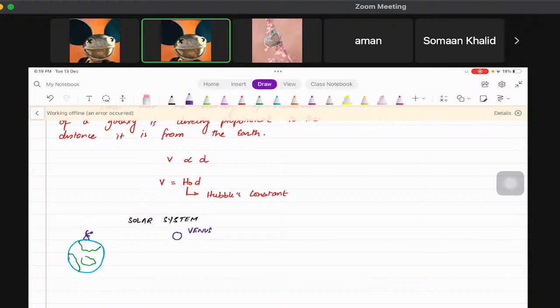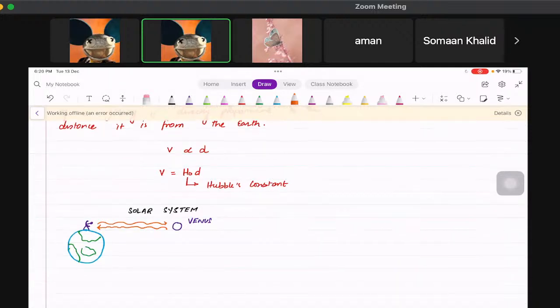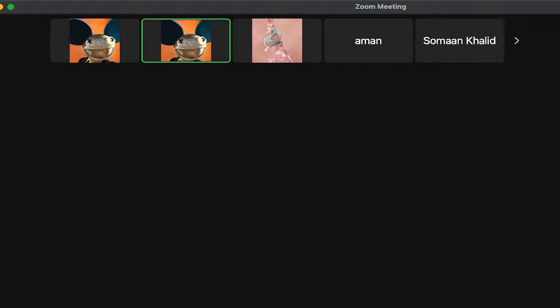The radar is going to send signals which get reflected back, the radar catches them, so we can see Venus in our solar system. So usually the radar ranging works best for 10⁻⁴ light years distances.